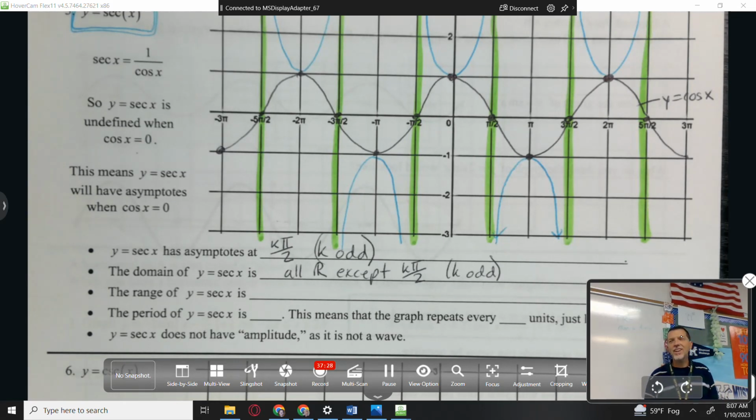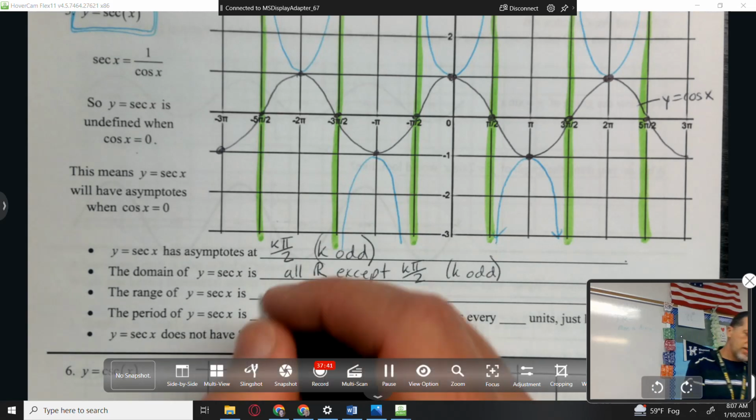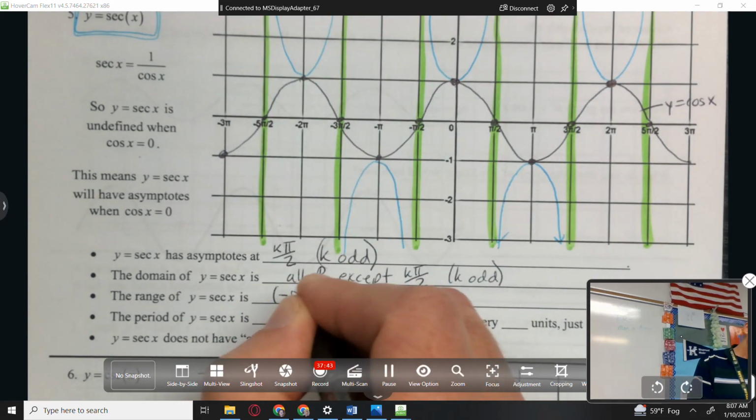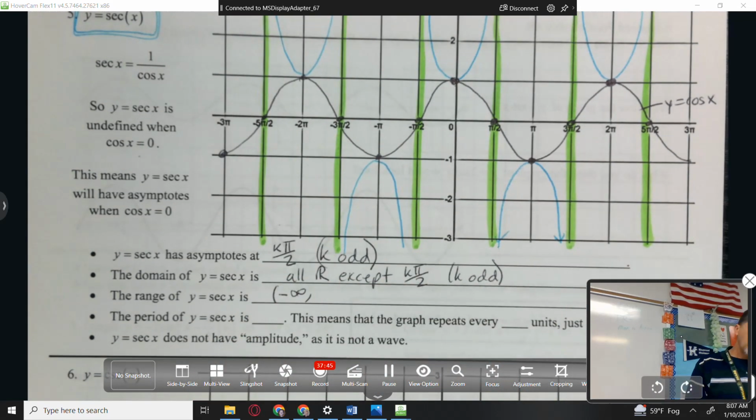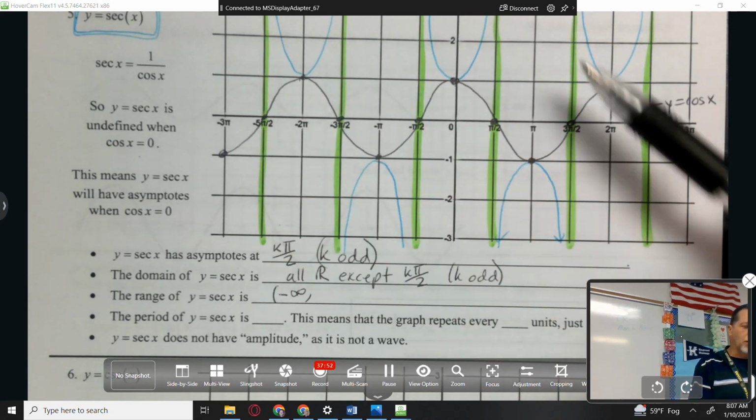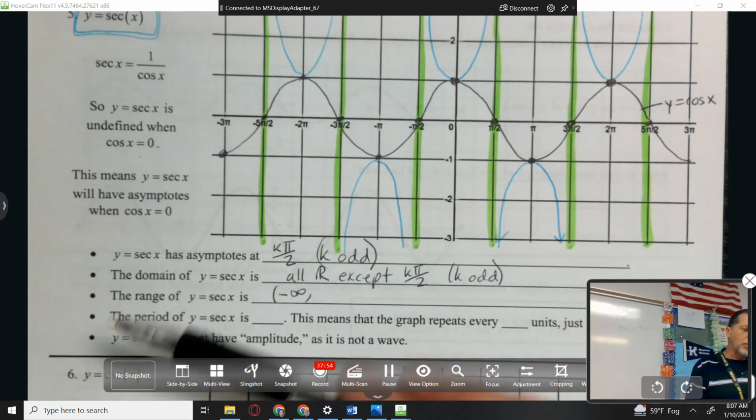Range, that's kind of tricky. It does go forever up and forever down, but the range is not all real numbers. It's not negative infinity to positive infinity, because it doesn't cover all the y values. Again, look at the blue graph, don't look at the black graph in there.